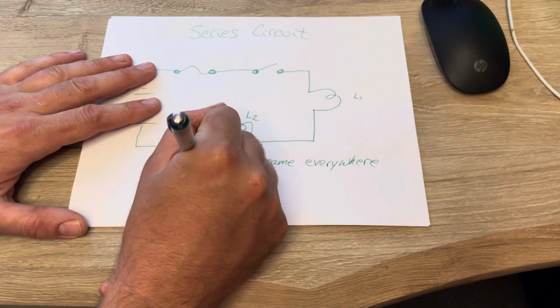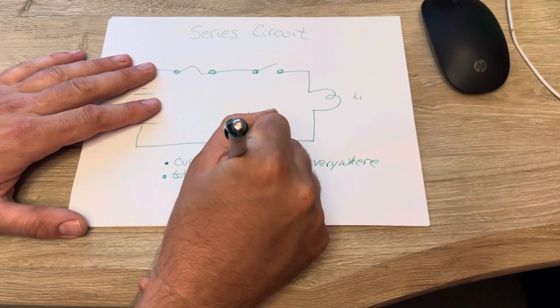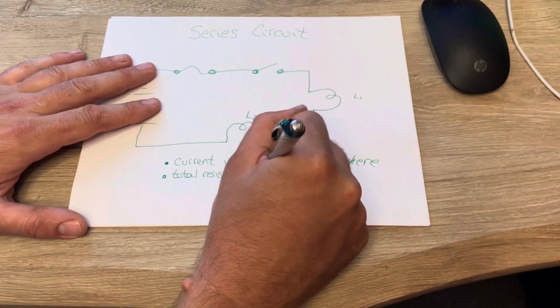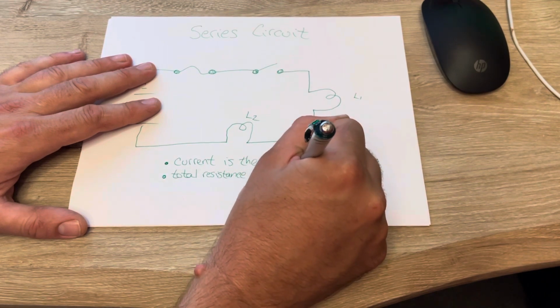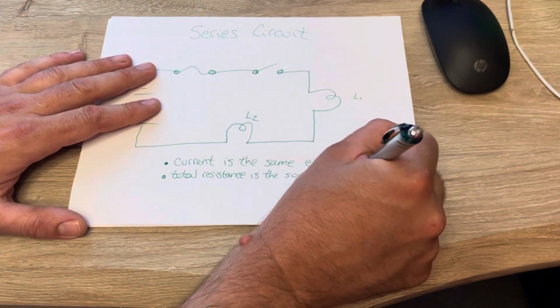Another thing that you can bank on is that the total resistance of the circuit is the sum of all resistances.